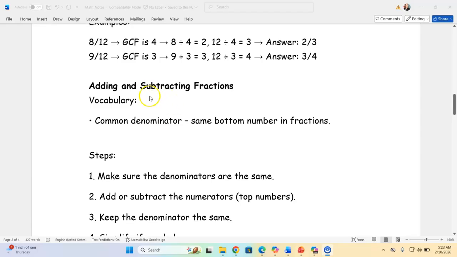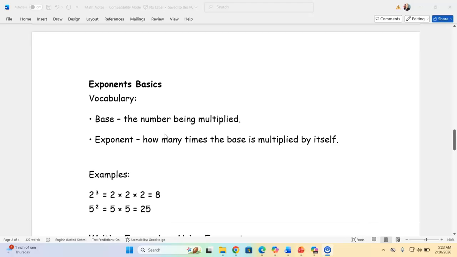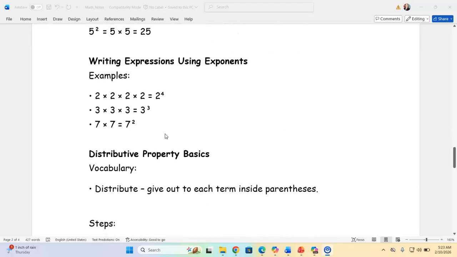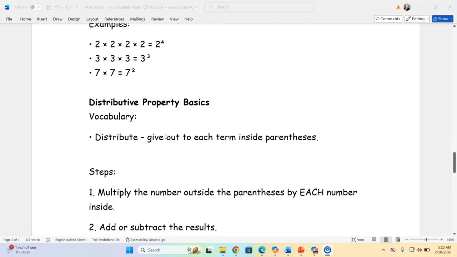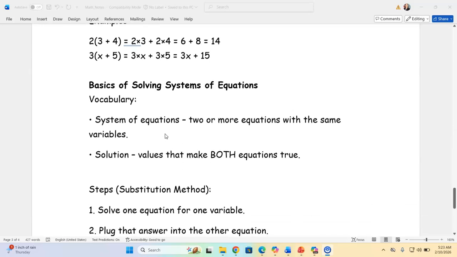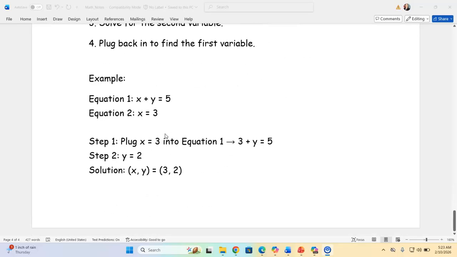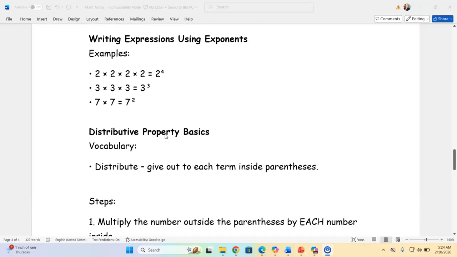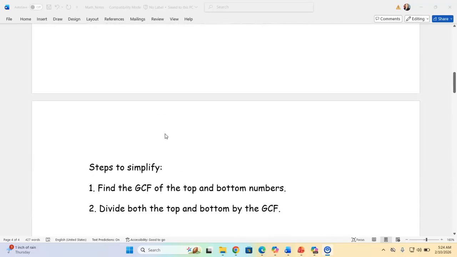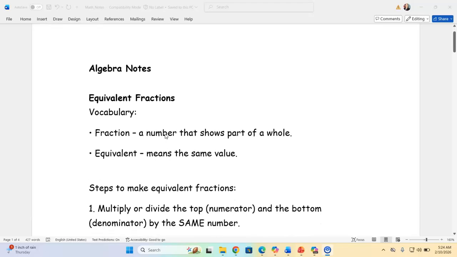So adding and subtracting fractions is also included in this video. And then exponent basics, writing expressions using exponents, distributive property basics. There's some examples there, and basics of solving equations are here in this video. And so that's a nice little smattering of topics that you're going to come across frequently throughout your different questions that you're doing.